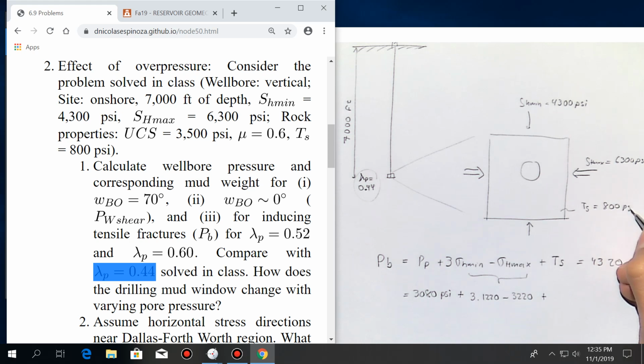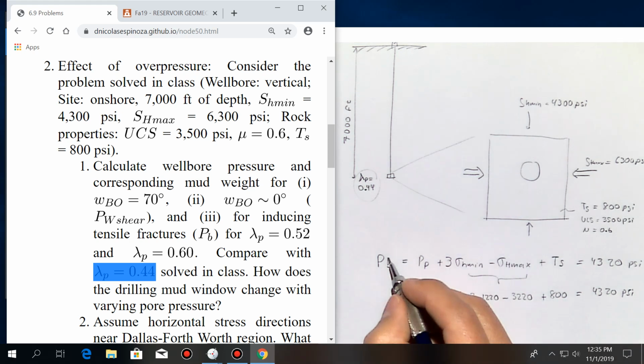It's 800 psi. UCS, it's this, and the friction angle of the rock is 0.6. Okay, and so this 800, and that's 4320 psi.